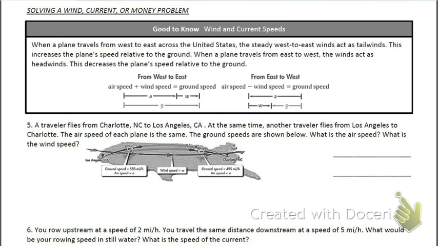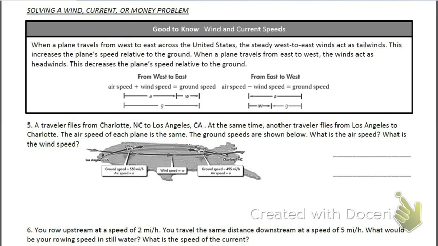For number 5, I gave you just a little information about wind speed and how that's calculated. Basically, I'm not going to have you read the whole thing, but what this says is that when you are going from the west coast to the east coast, the wind acts as a tailwind for you, and tailwind means that the wind is pushing you from behind.